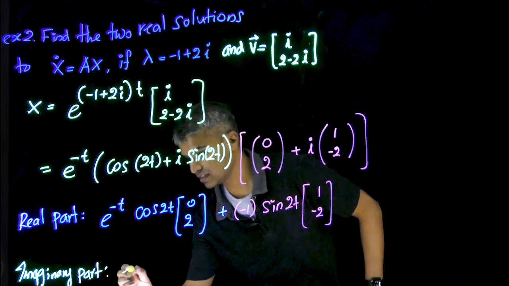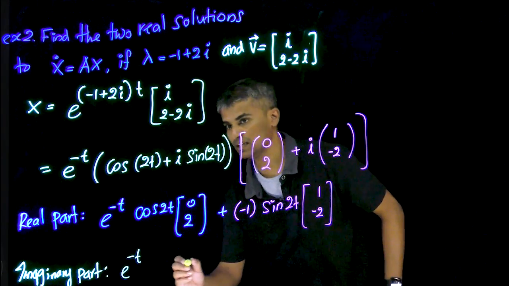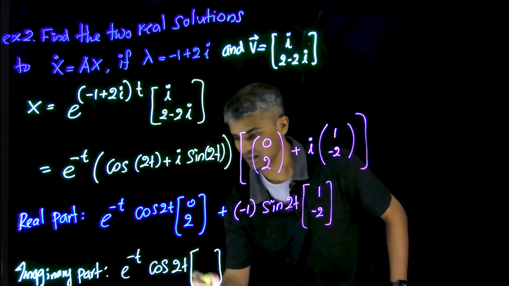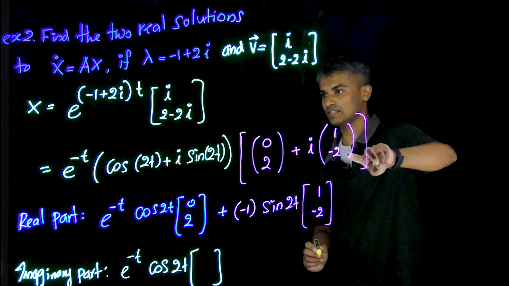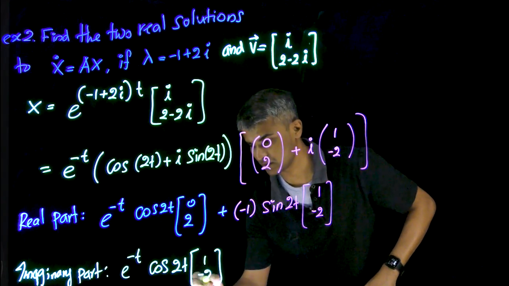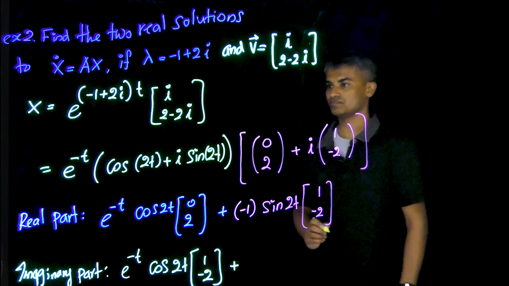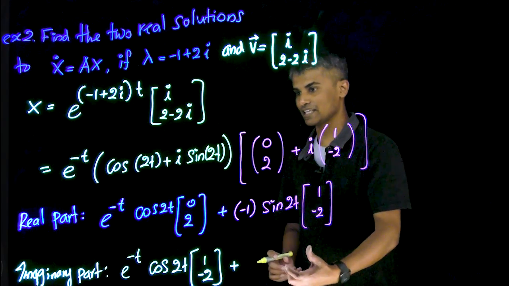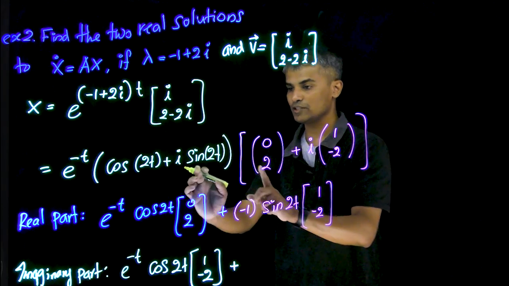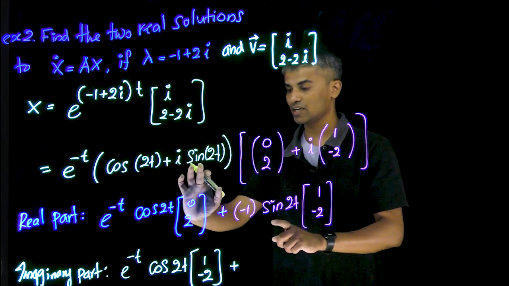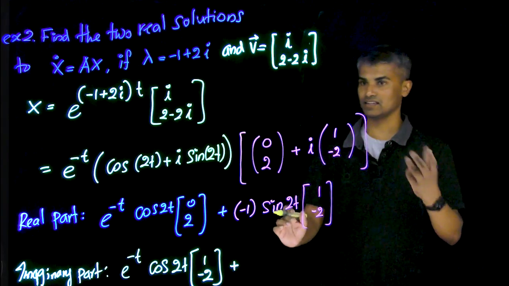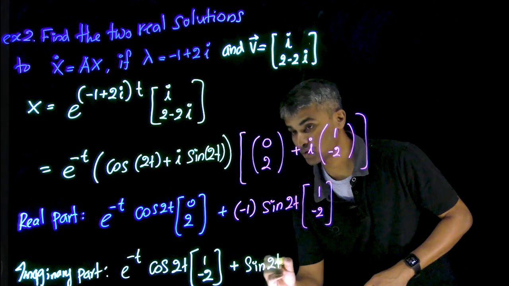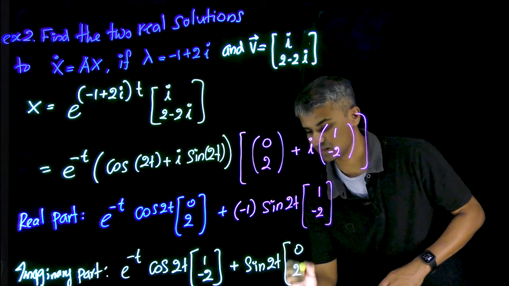So I am going to write e to the negative t cosine 2t, and then this vector (1, -2), plus, okay, and then the second imaginary term comes from this product, because this is a real part, but this is an imaginary part. So you will get a term with i to be sine of 2t times (0, 2).